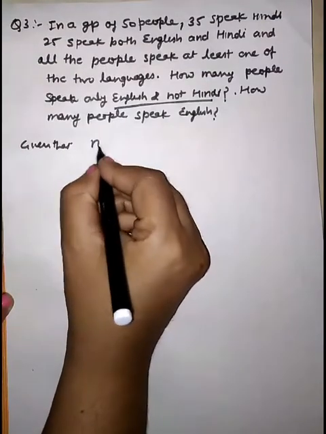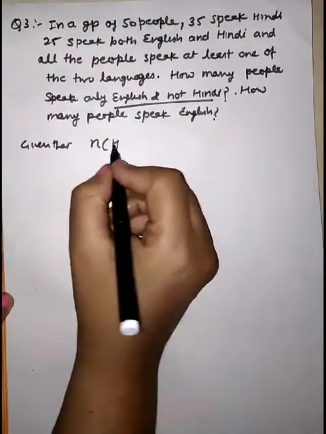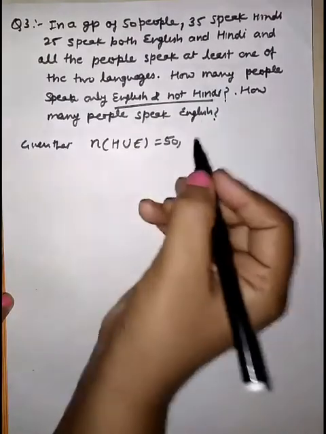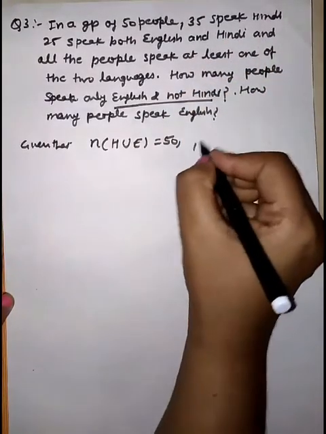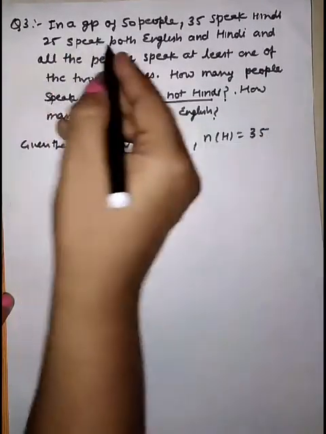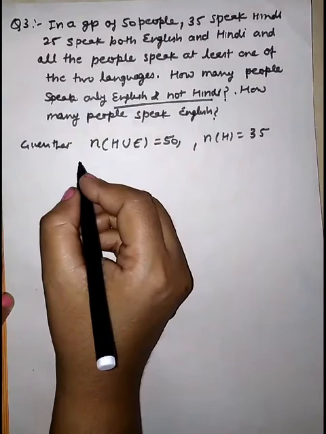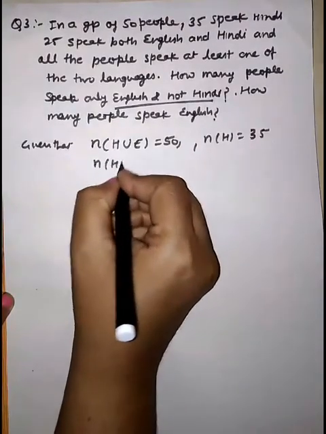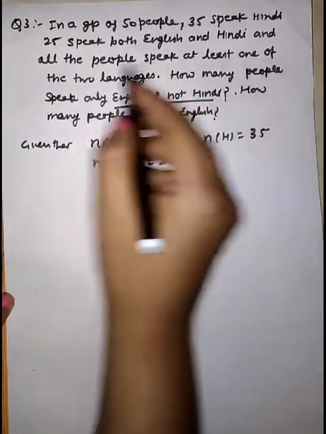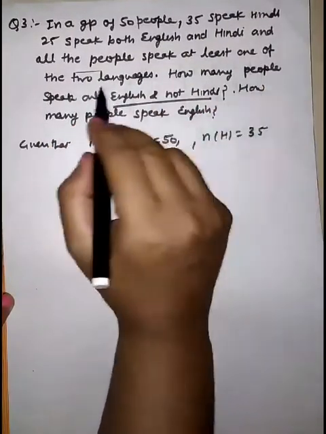It means n(H union E) is given as 50. 35 speak Hindi, it means n(H) is given as 35. 25 speak both English and Hindi, it means n(H intersection E) is given as 25. And all the people speak at least one of the two languages.